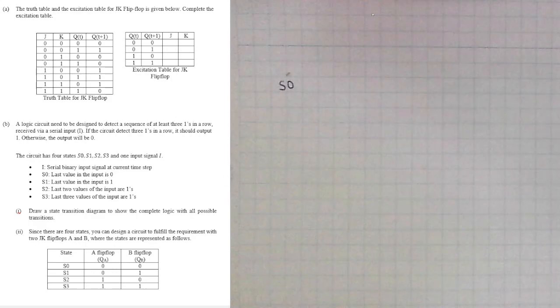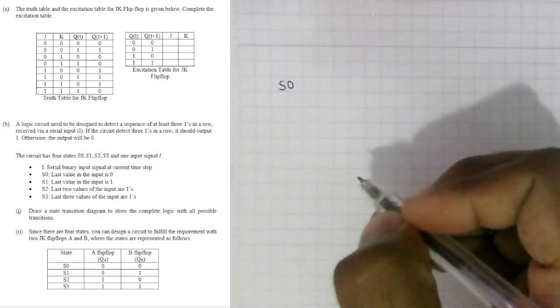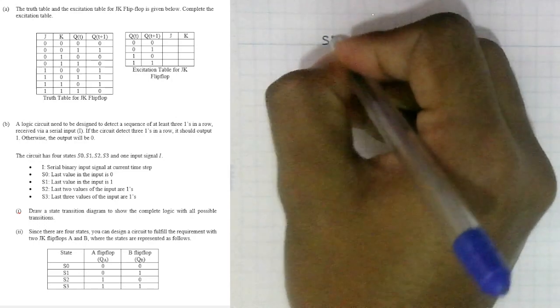Now let's assume that there is a single one coming in our way, right? As given in this list of state descriptions, the last value in the input is 1, so we are going from S0 to S1, right? Does that make sense?